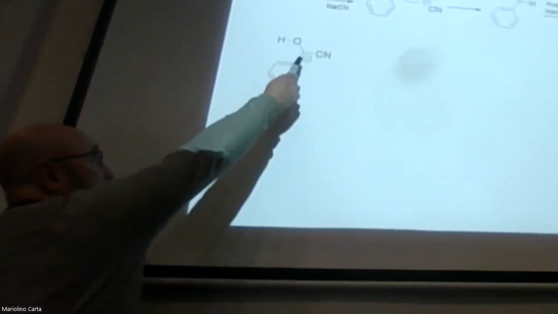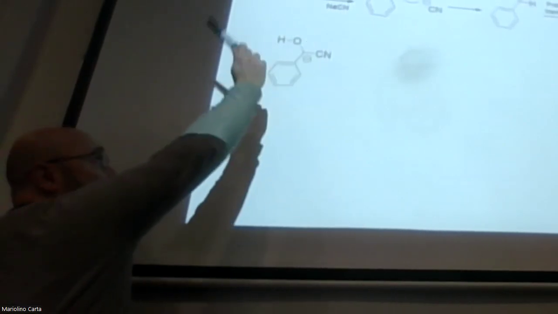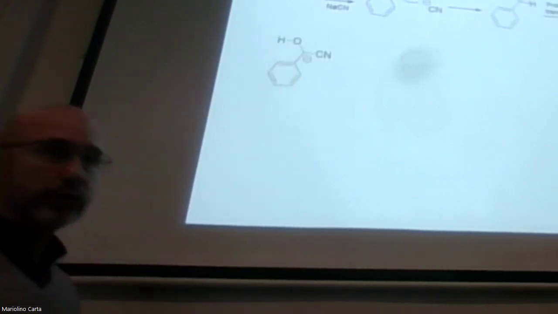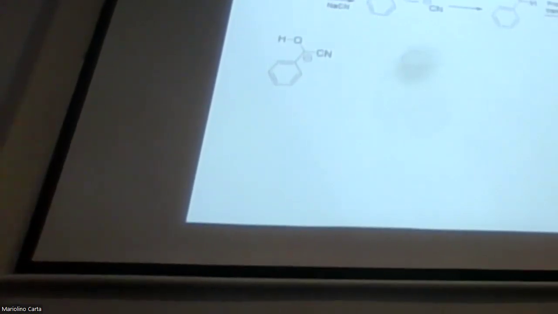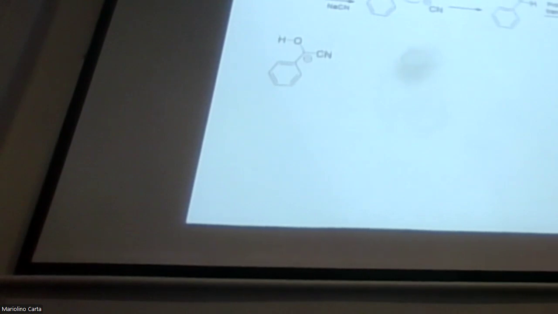So ideally, you do the same reaction with the nitrile. You invert the polarity of the carbonyl. So the carbon of this former carbonyl used to be a good electrophile. Now it's a very, very good nucleophile because of this umpolung reaction.